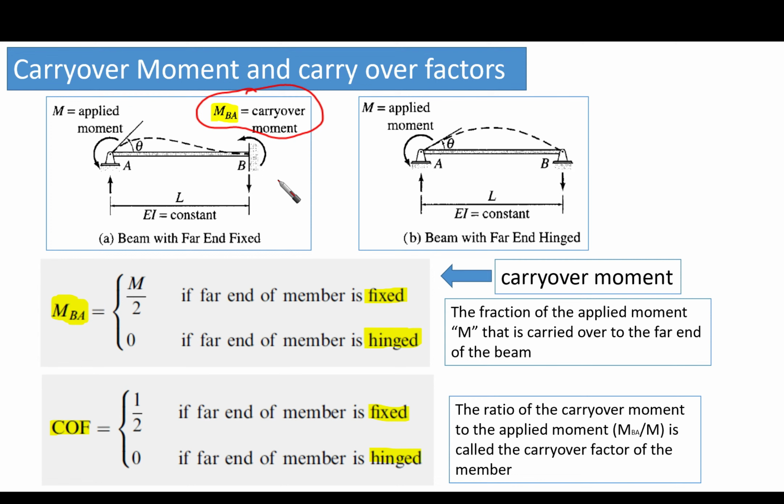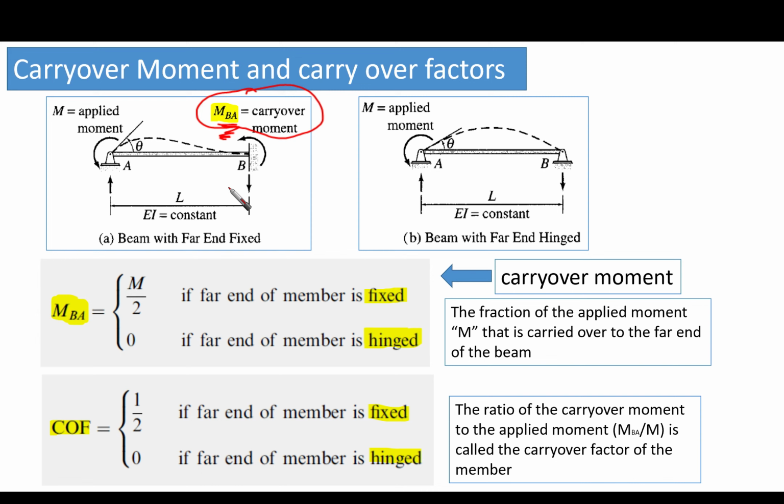What is the meaning of this? It is as if there is a resistance to the deformation at the far end, the fixed far end. This resistance means that a moment is going to be developed.